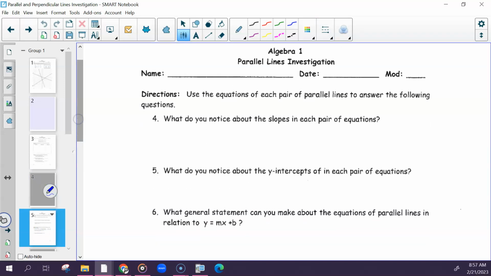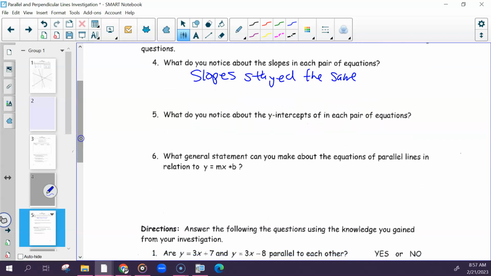So what do we notice about the slopes? The slopes stay the same. Okay. So something along the lines of the slopes should have been the same. When you have parallel lines, the slopes are the same. And then what did we notice about the y-intercepts?